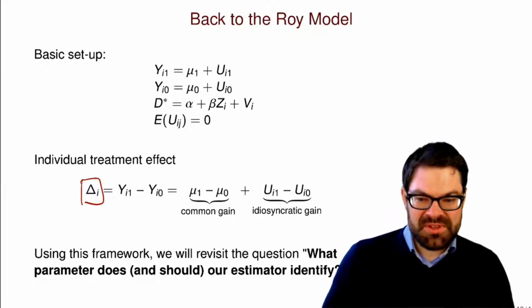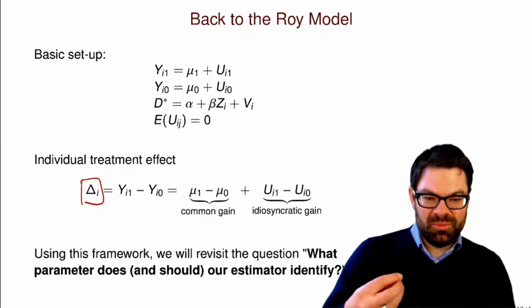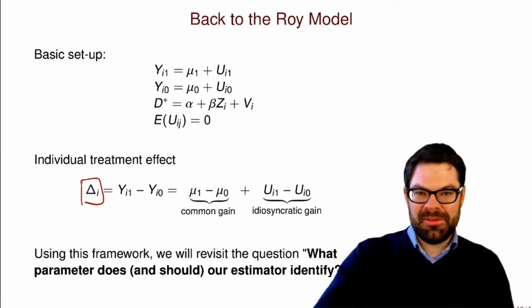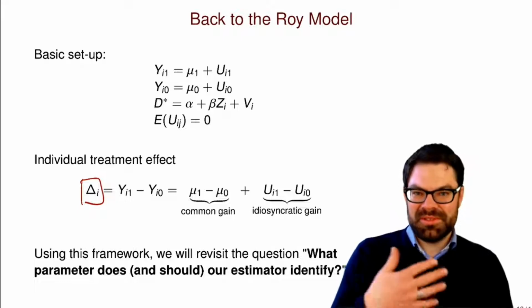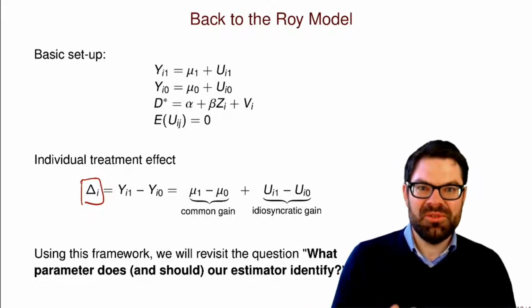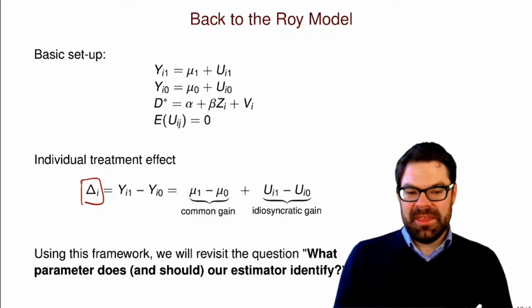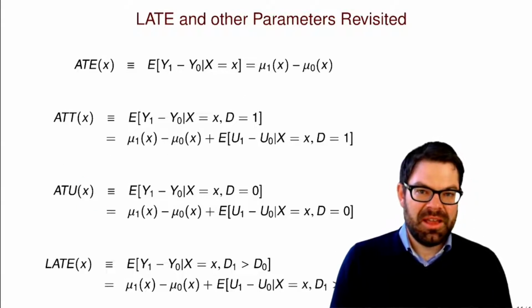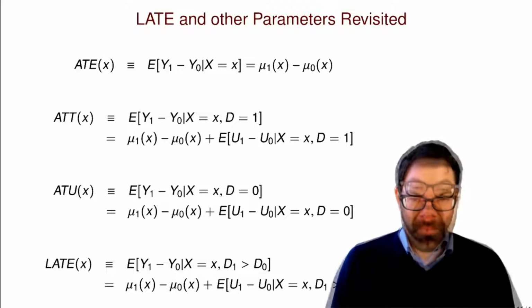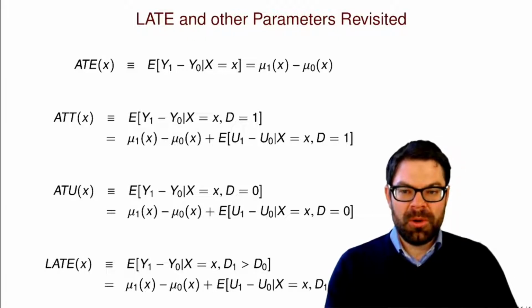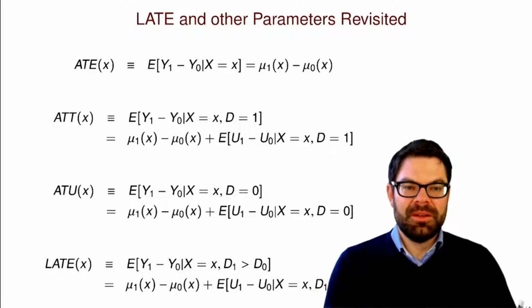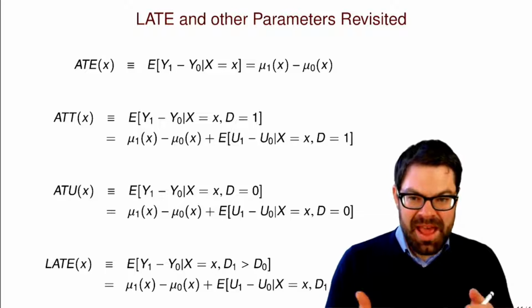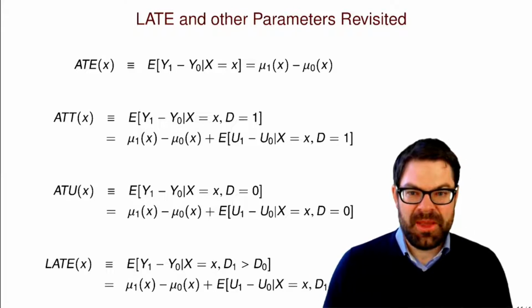And then we will revisit the question: if we have an estimator whereby you have imperfect compliance with the assignment of a treatment, or people genuinely select into a treatment, then what parameter does and should that estimator actually identify? In order to do that, we need 4, if not 5, parameters that we can or want to identify.